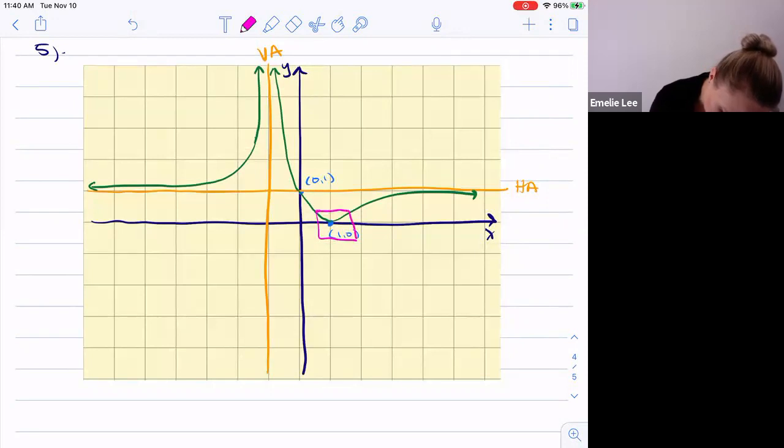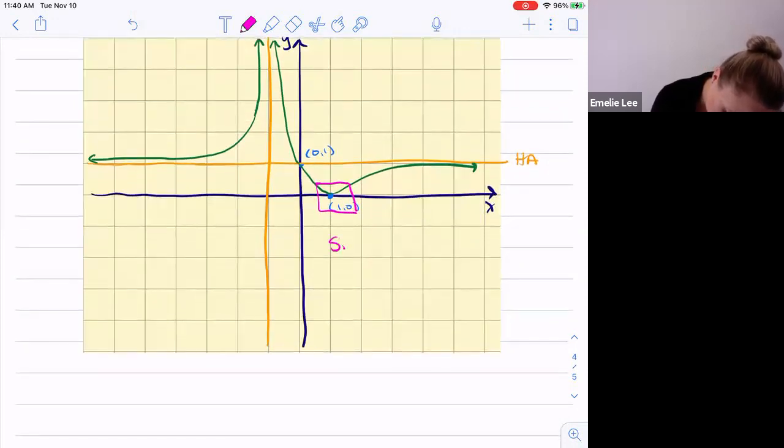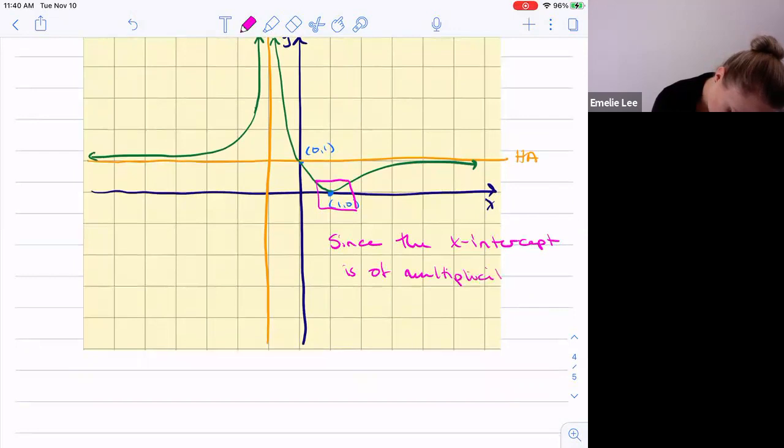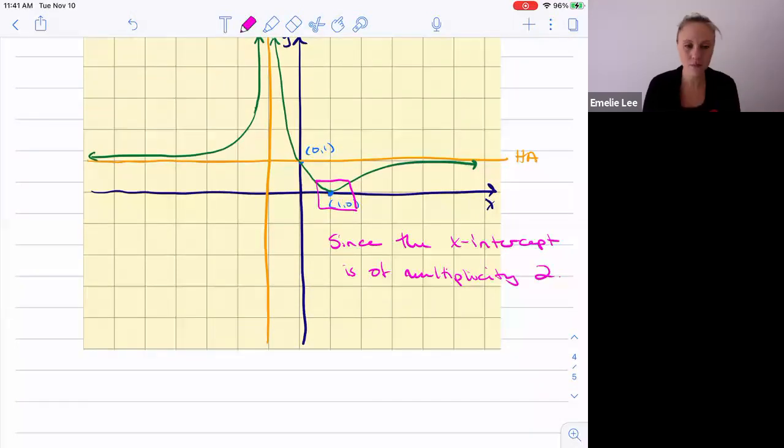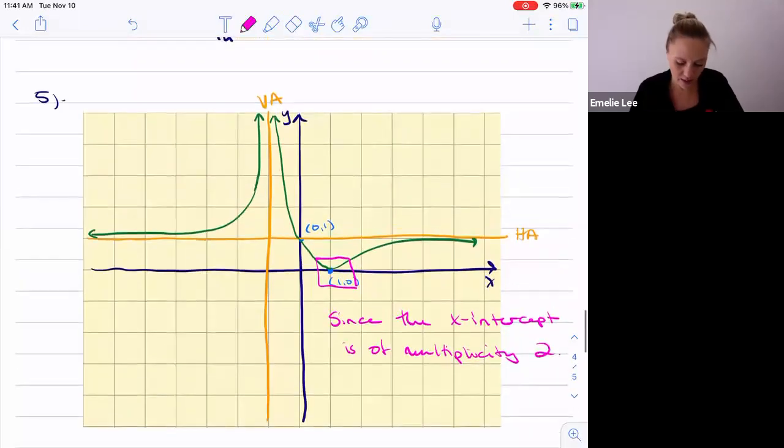So this area here, since the x-intercept is of multiplicity 2, that's why it's bouncing off. So here's my best guess at what this graph looks like.